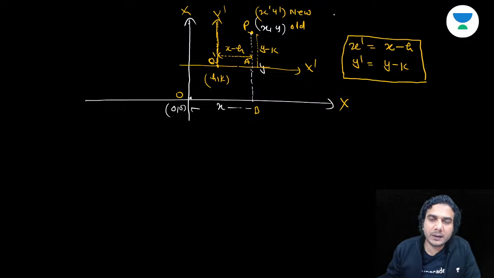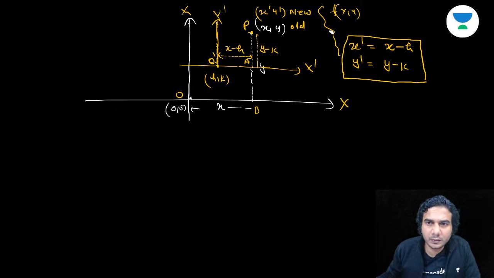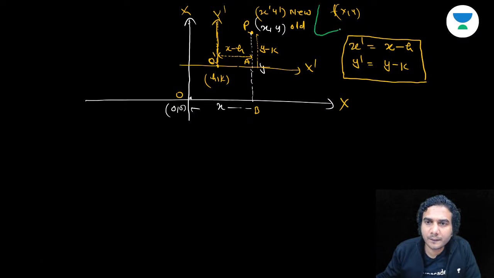Suppose this is a curve whose equation is f of x comma y equal to 0.